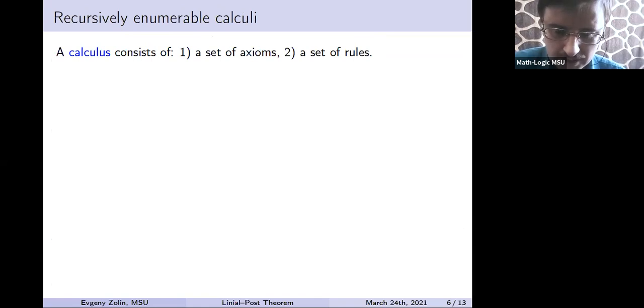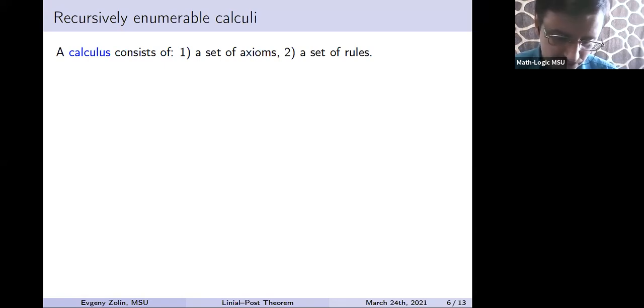Now, we are talking about calculi. So what is a calculus, a propositional calculus? We are talking about propositional formulas built using an infinite set of variables, P0, P1, P2, and so on, using some connectives. For example, the connectives conjunction, disjunction, implication, and negation.